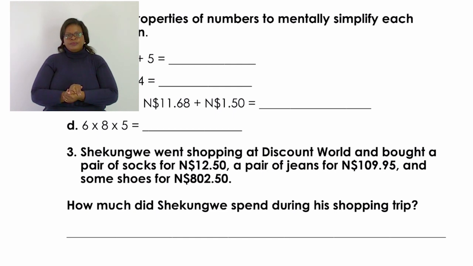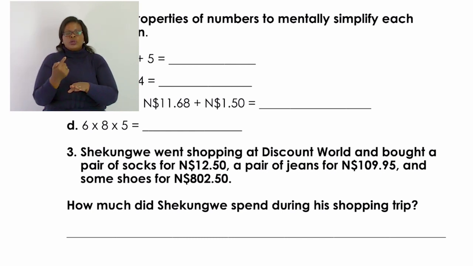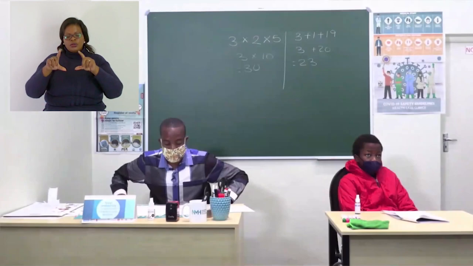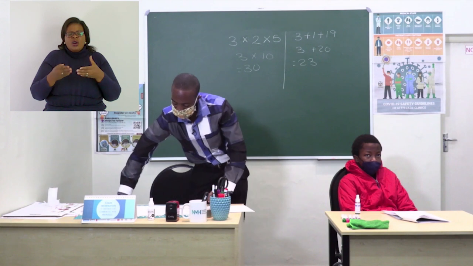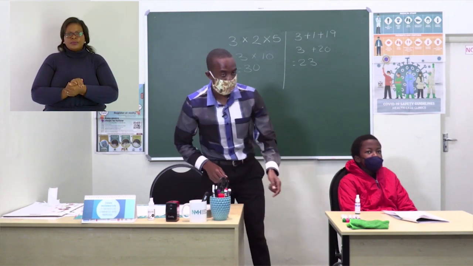It says to use the properties of numbers to mentally simplify each expression. Now I'm going to use the chalkboard to show you how to do this. I'm just going to show you A, and then the rest you do on your own, okay?